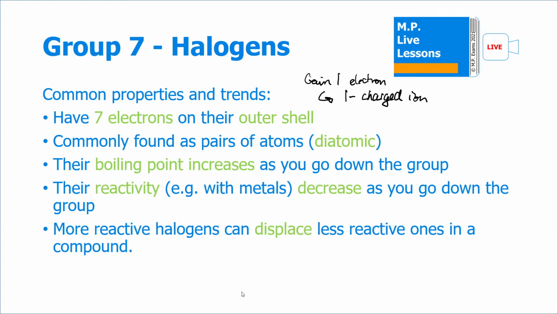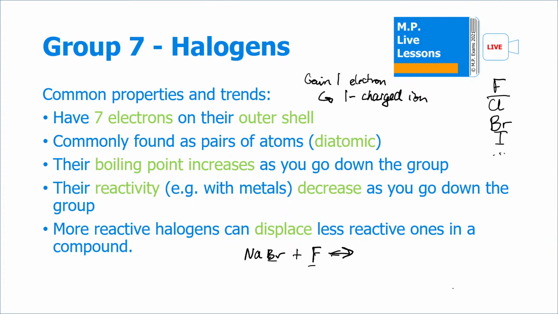For example, as you know, the reactivity of these group 7 elements decreases. So if I write down the order of them, which is fluorine, chlorine, bromine, iodine, and so on. You don't need to know this. For example, if I had a salt, sodium bromide, and I put in a more reactive halogen like fluorine, what happens is the bromine and fluorine almost switch around.